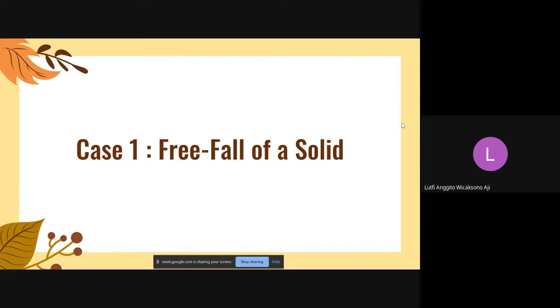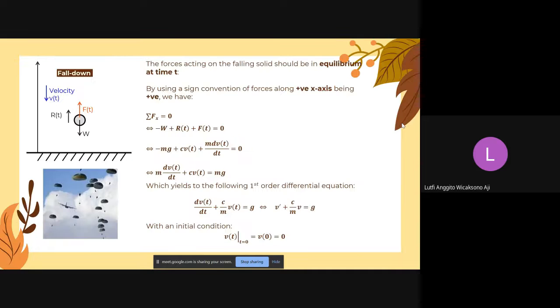So for case 1, that is free fall of a solid, the forces acting on the falling solid should be in equilibrium at time t. By using a sign convention of forces along the x-axis being positive upward, we have the sum of Fx equals 0, that is negative W plus RT plus Ft equals 0.